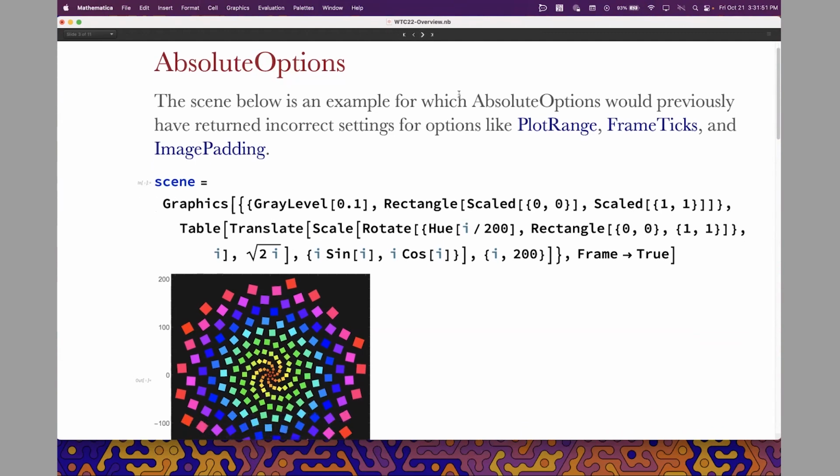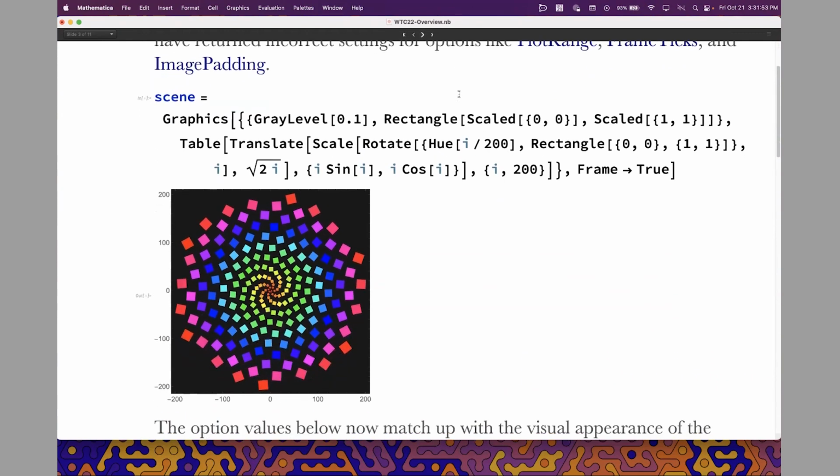And so here I have a scene with a bunch of colored squares, and we can see that the axes, well, frame really, goes from about -200 to 200 in each direction.